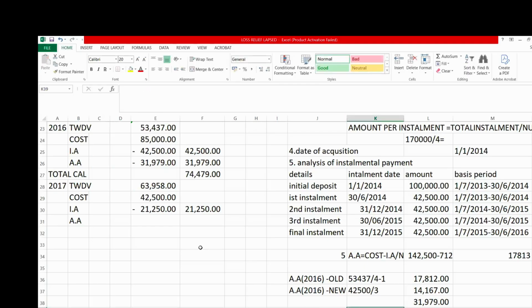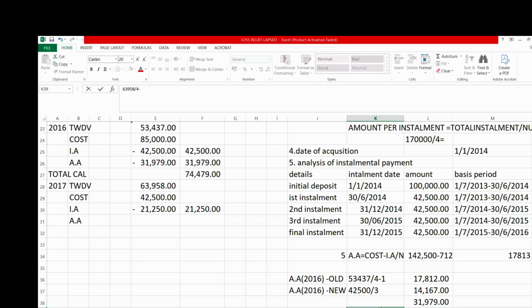For the old, it will be the tax written down value, 63,958 divided by 4 minus, before 2017, how many years have we claimed annual allowance? 2 years.